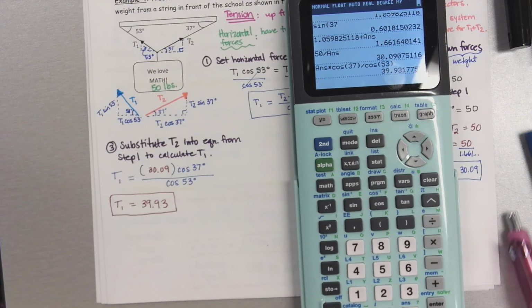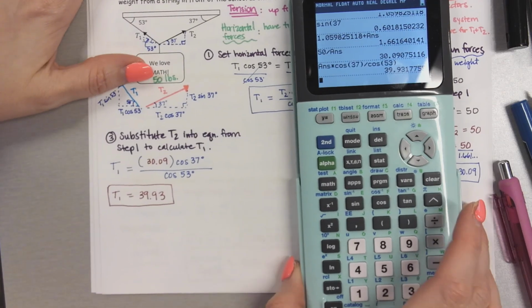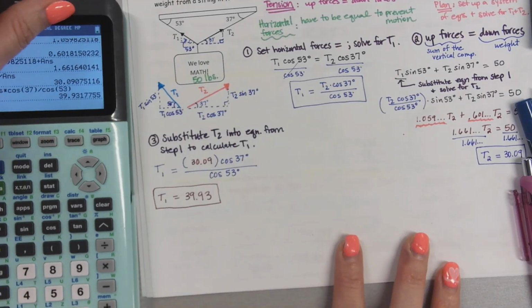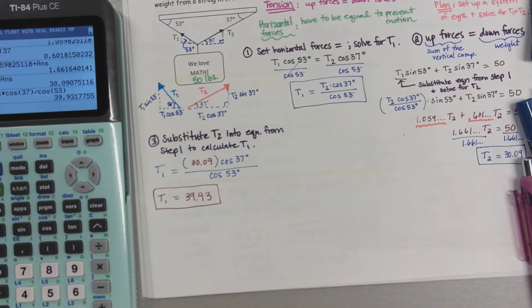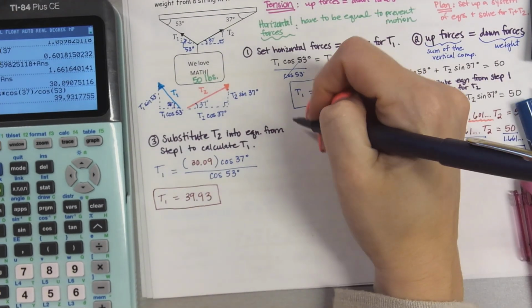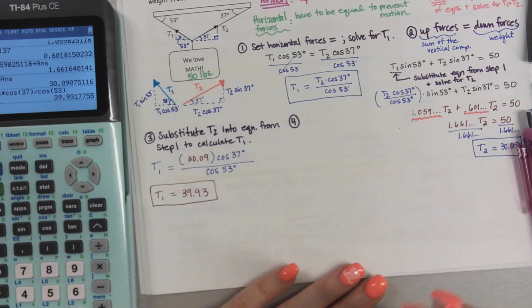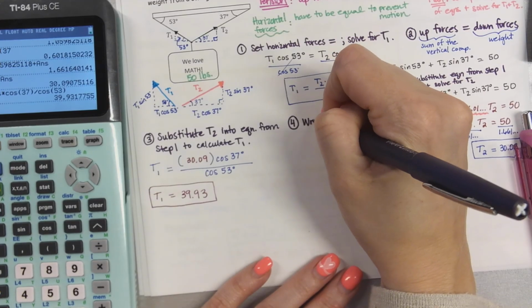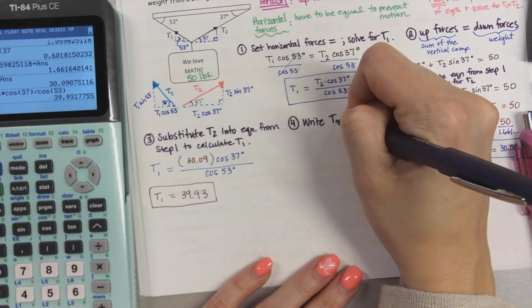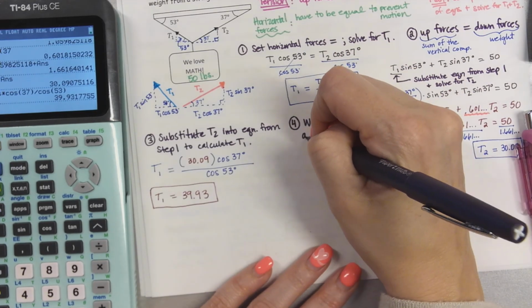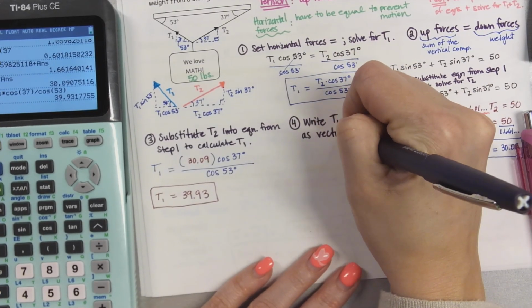Our last step is going to be to write these as vectors, and you're going to notice some cool things that happen, and these are also things that can help you on an assessment because there are certain patterns that occur. So we're going to write t sub 1 and t sub 2 as vectors.